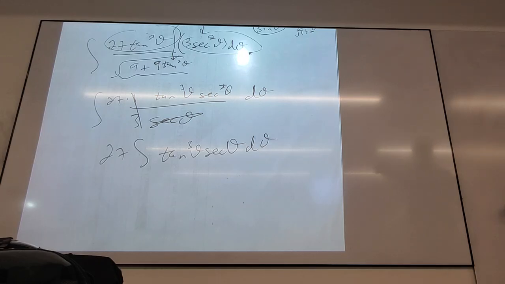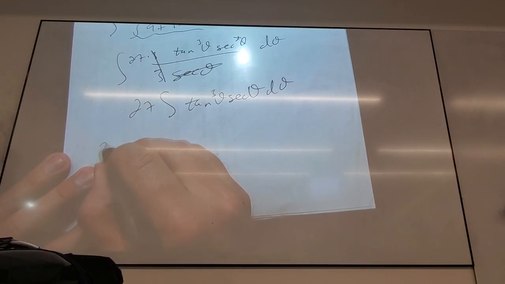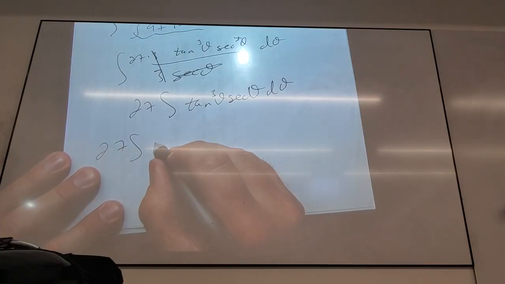What's the other thing I could use instead of u equals tangent? I could let u equal secant. And what's the derivative of secant? Secant tangent. Do I have a secant tangent? Yes. In fact, what's left? This is kind of like what you were saying, Sarah, but I wasn't sure you were saying it for the right reasons.